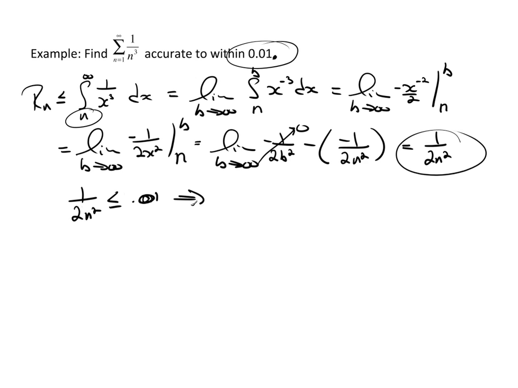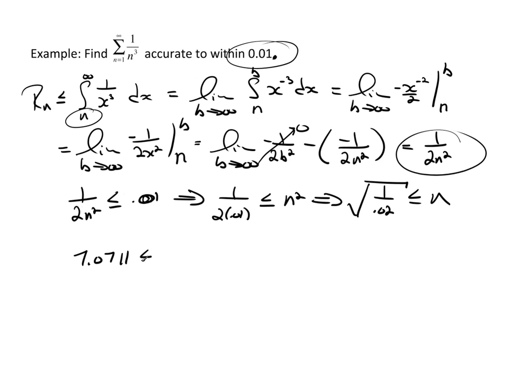All right, because I want my remainder to be less than this thing, that would imply that 1 over 2 times 0.01 must be less than or equal to n squared, which implies that the square root of 1 over 0.02 must be less than or equal to n. At this point, I would reach for my calculator to figure out the square root of that, and you end up with approximately 7.0711 must be less than or equal to n.